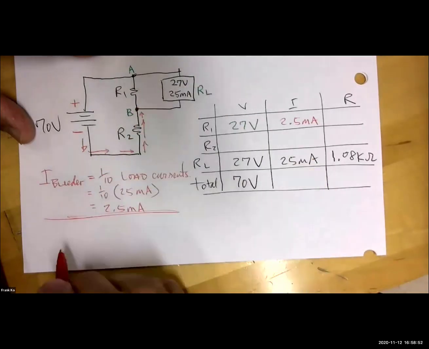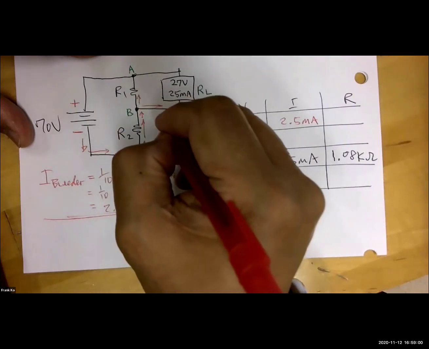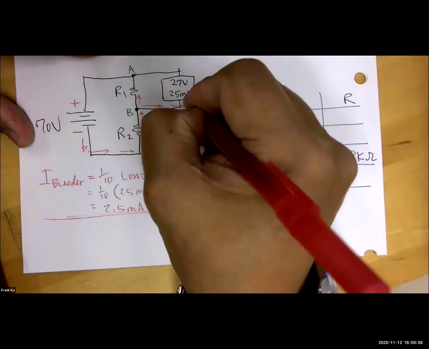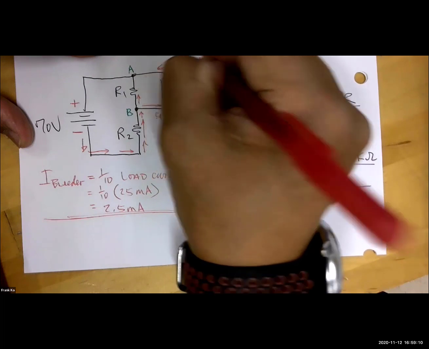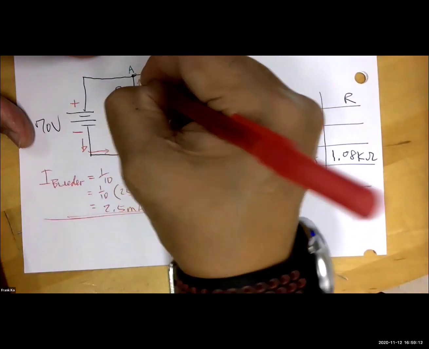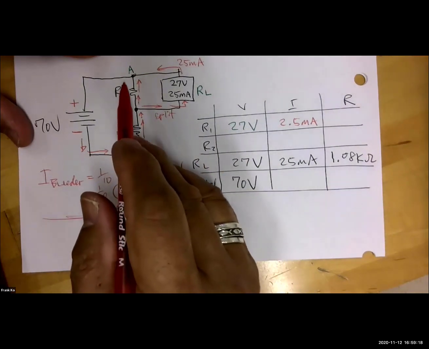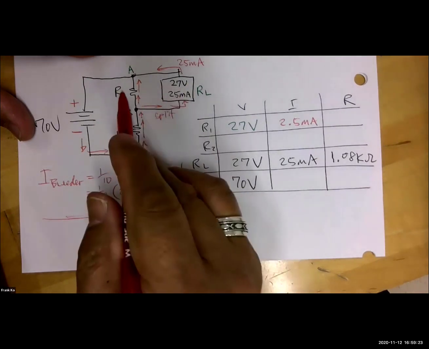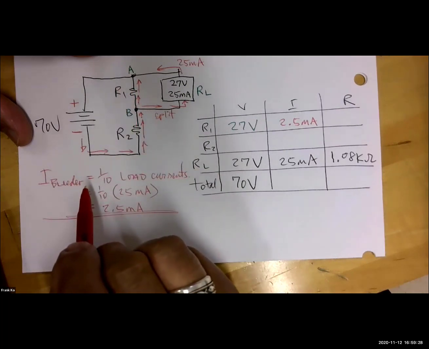and then once it hits node B, what happens to this current? It will split. Part of this will go to the right, part of this will continue up. We're given how much current flows through this leg: 25 milliamps. We just determined that the bleeder resistor is R1, in parallel with the only load.